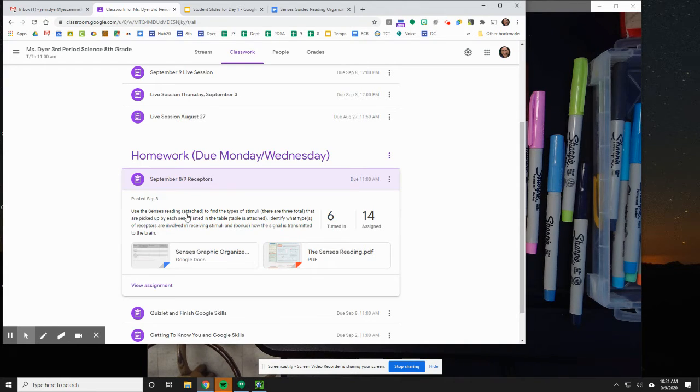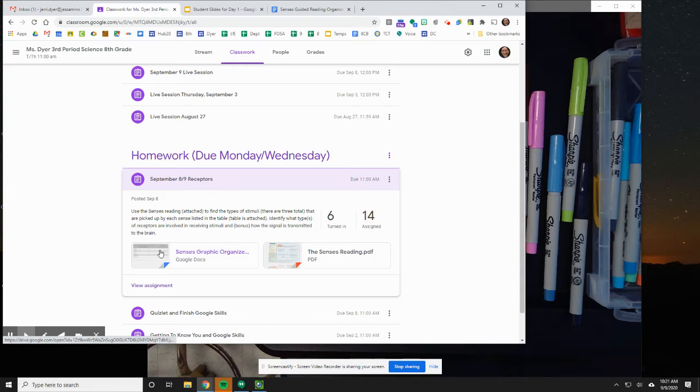So this says to use the census reading, which is attached. So here's your census reading. It's a PDF. Read Write Google will read this to you if you want to use that. To find the types of stimuli, there are 3 total types of stimuli that are picked up by each sense listed in the table.